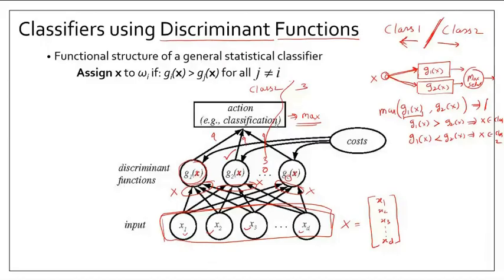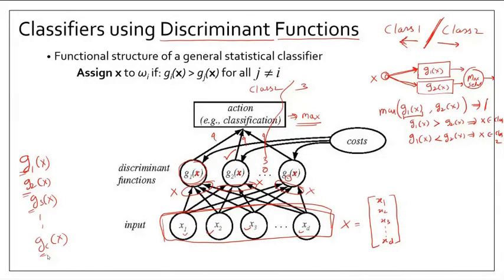So this is the key concept. Now the question is, what is my g1(x), what is my g2(x), what should be g3(x), and so on up to gc(x). I don't know these yet. The concept is clear: I will design a function which has the highest output if the input belongs to that particular class.